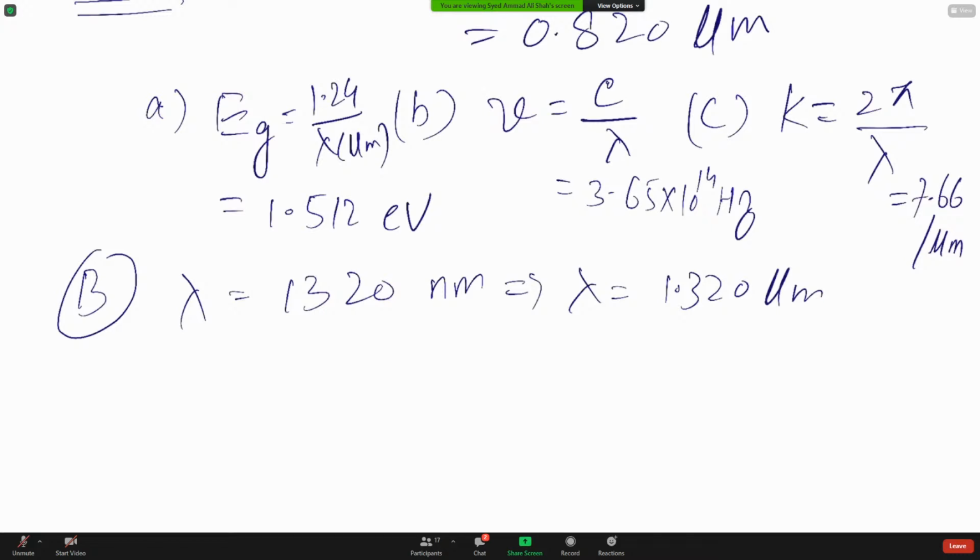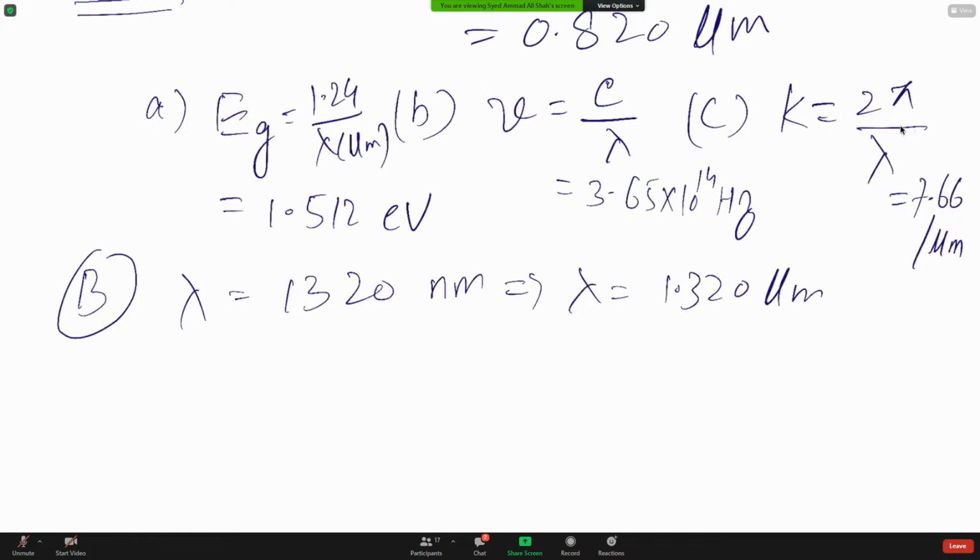Also, is it a rule that the prof wants k to be divided by micrometers? You mean when you find k, 2 pi over lambda? Yes, like your final answer, because for that question it was 7.66 times 10 to the 6. I wrote micro with it.